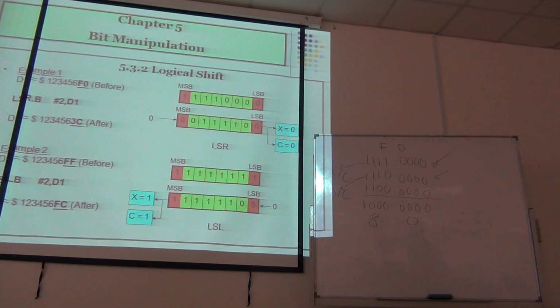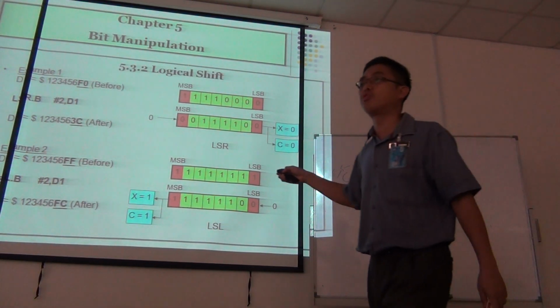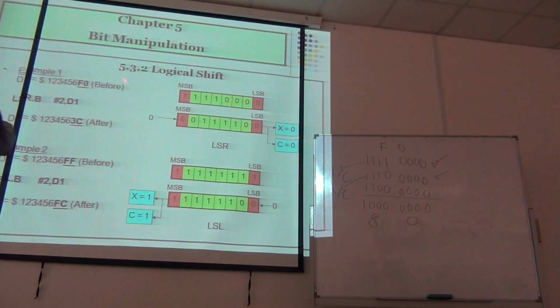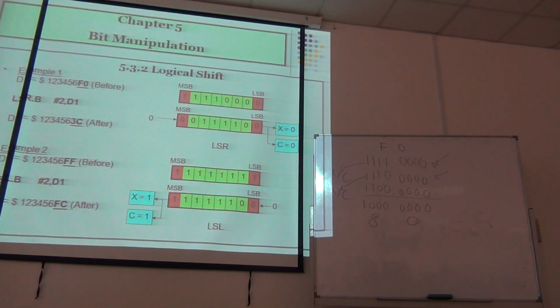So you have to shift twice. So put it on the paper, you have to write down. Because if you don't write down, you cannot understand the table, how to shift it. So I give you 3 to 5 minutes to complete both. Complete the logical shift, left and right. Must get the answer correct. Look at the table and try to shift it by the table. Look at the table and shift it by the table.